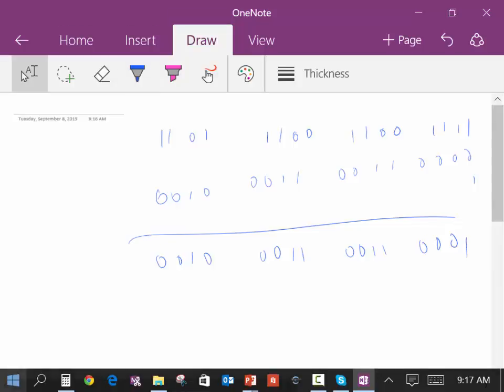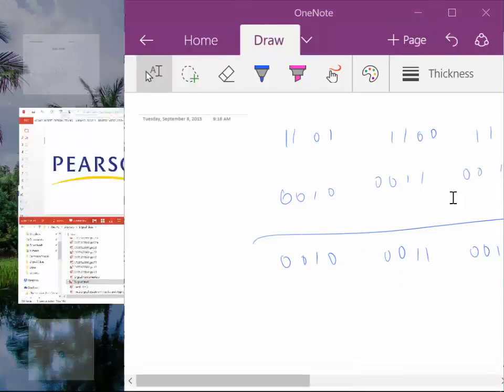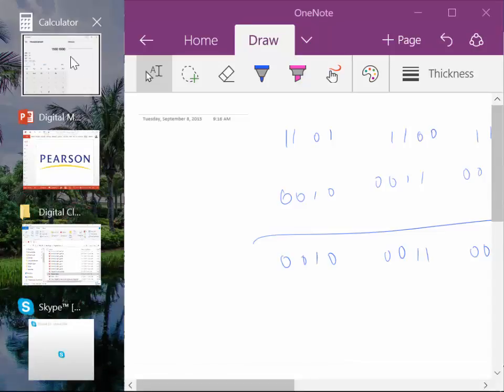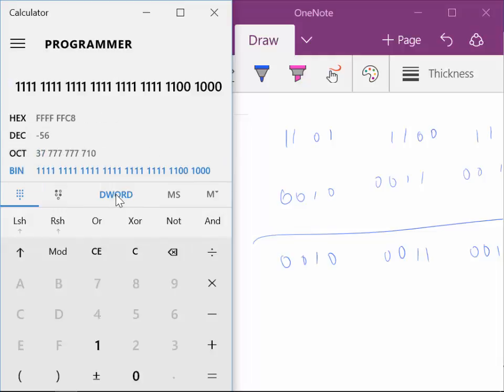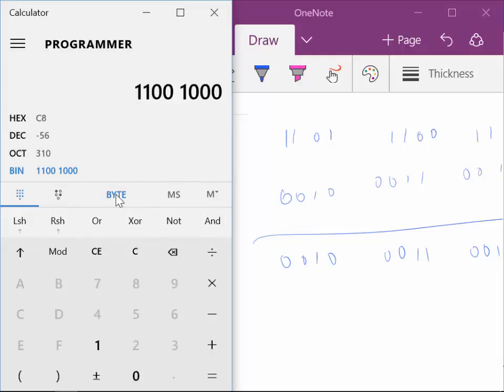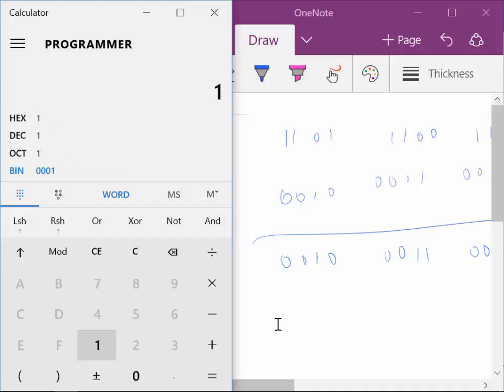If I bring up my calculator, I'm going to cheat a little bit here, and put that on the same side, and I change this to a word, and I put in that original number. Oh, what am I doing here? Let's clear.